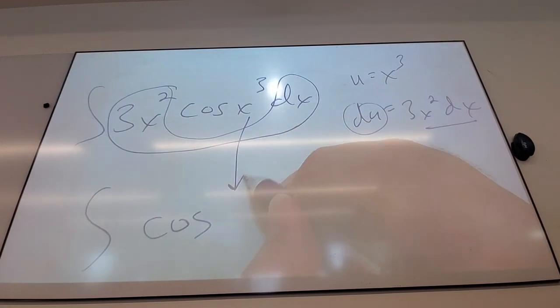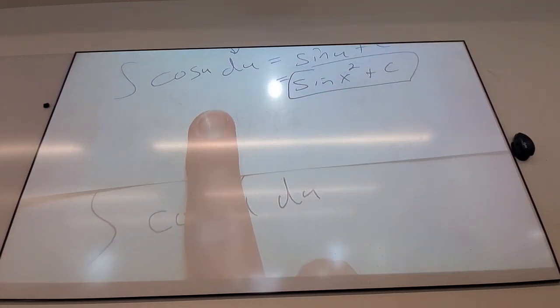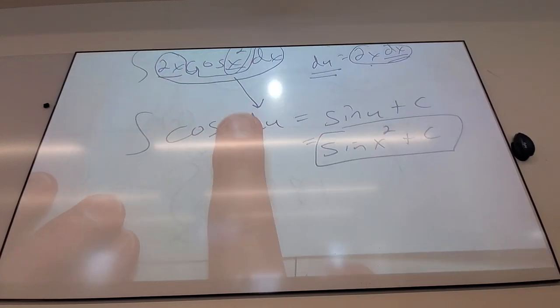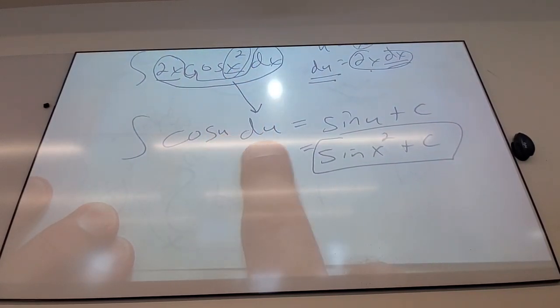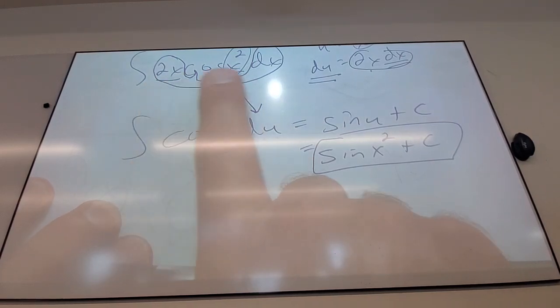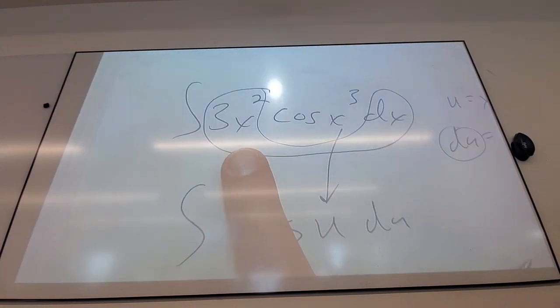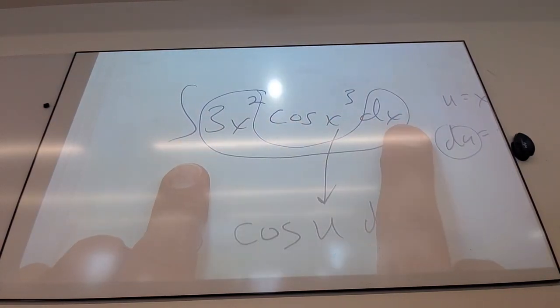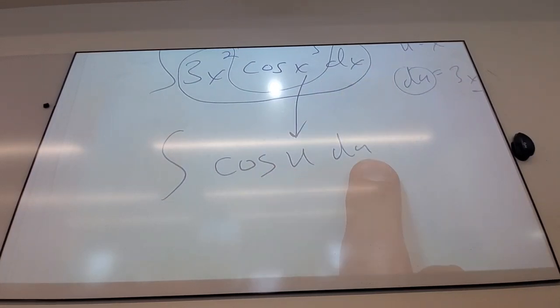And x cubed was u, yes? Now again, do you see how I ended up with the same exact thing? Because this is in the form cosine of something times d of that something, yes? If the something is x squared, the d of it is 2x dx. You with me? This is also in the form cosine of something times d of that something.